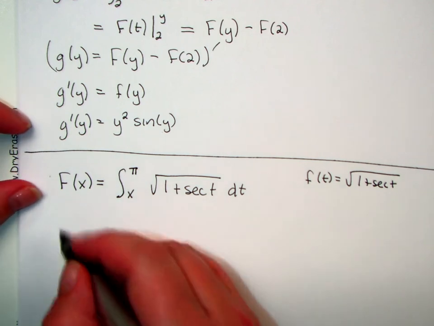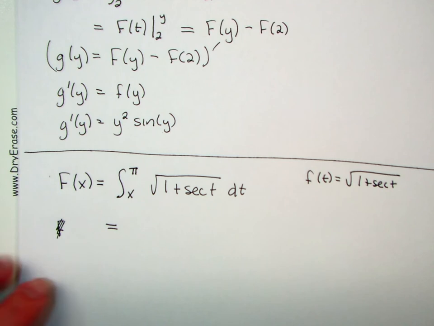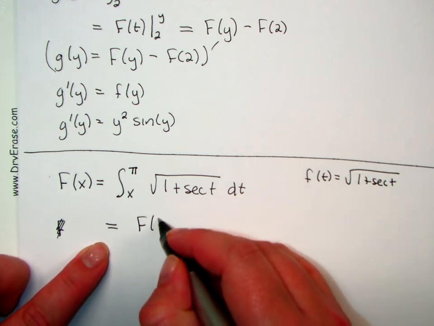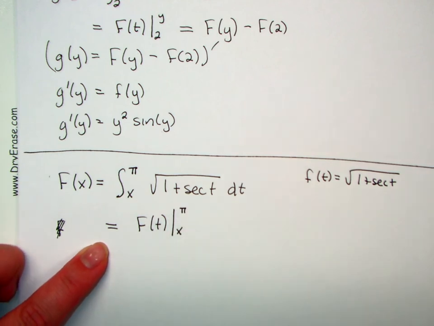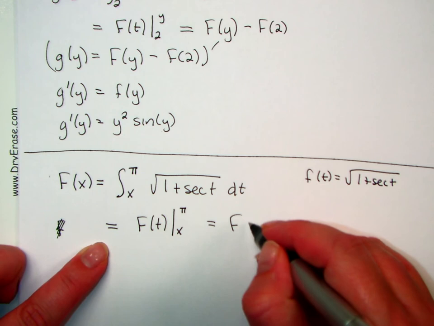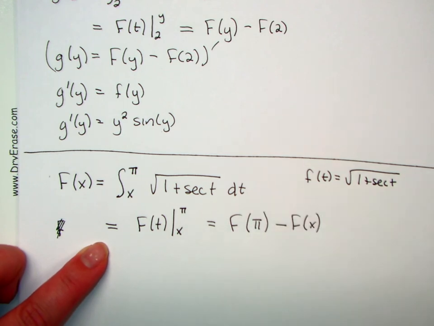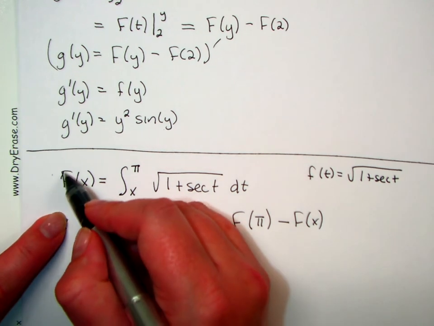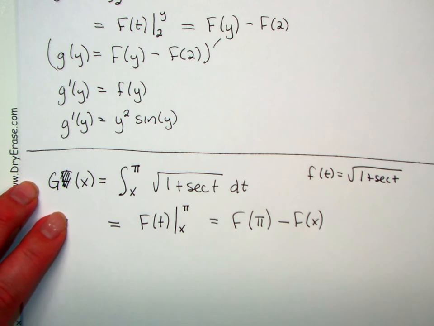Okay, so let's take the antiderivative here, and we're going to get the antiderivative evaluated from x to pi. So this is equal to the antiderivative at pi minus the antiderivative at x. Let me call this capital G, because I like my antiderivatives to be capital F. So let's not do that. Okay, let's call it capital G.